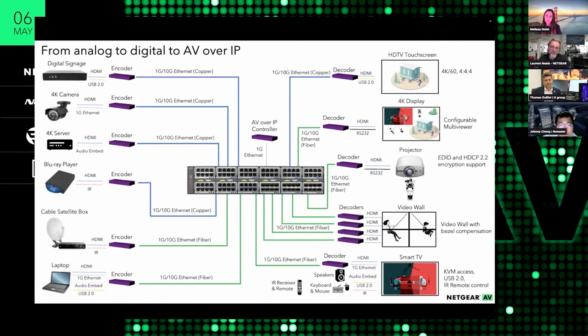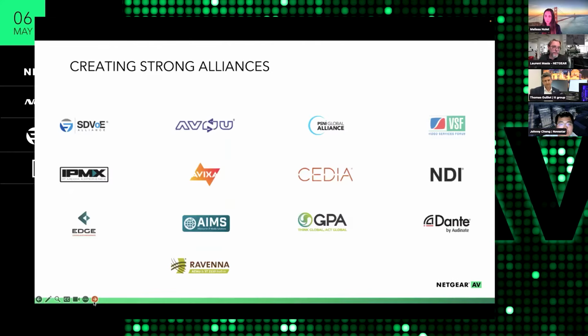But look at the center, please. With AV over IP, now the fabric for your AV distribution is really the network. And when the AV fabric, being a network, is not good, then of course the whole experience can be very rapidly ruined. So let me tell you a little bit about this.